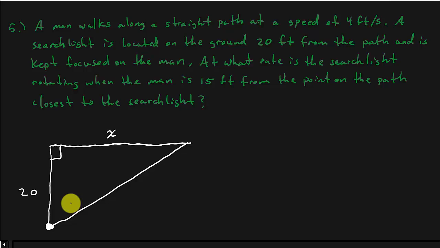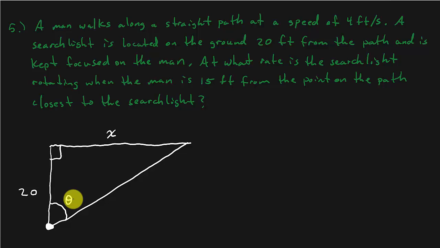It's like you've got a point right here, and it's rotating, and this is moving as the man's going, and so it's this angle here. That's what we want to know. That's what's going on. We're looking at this angle theta. How fast is it rotating?